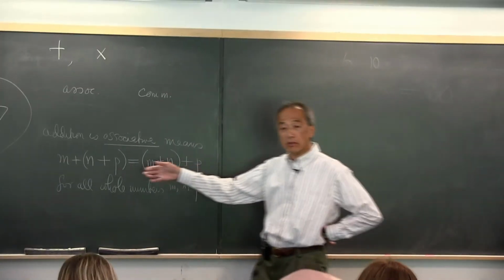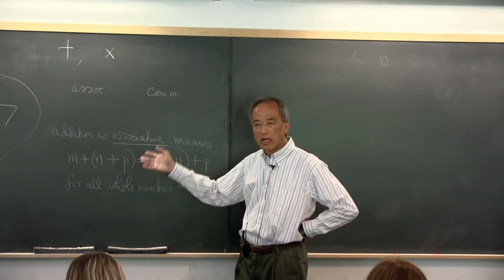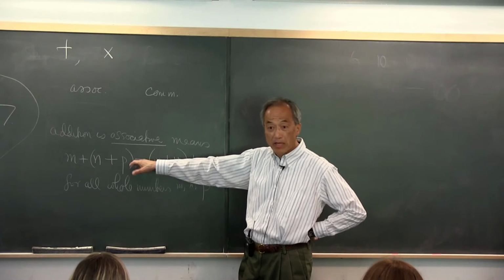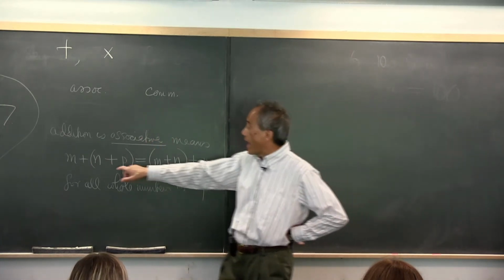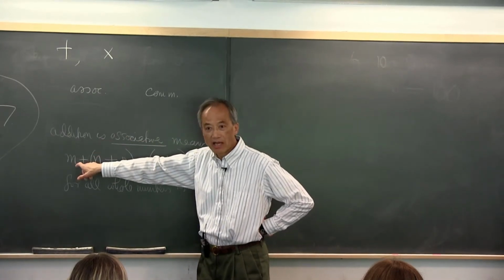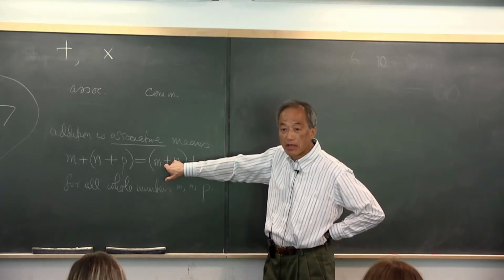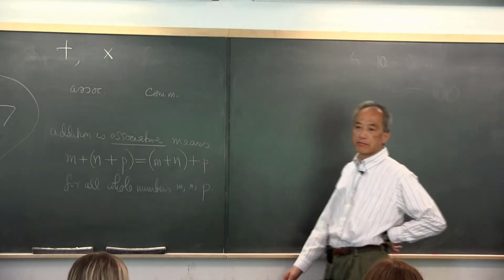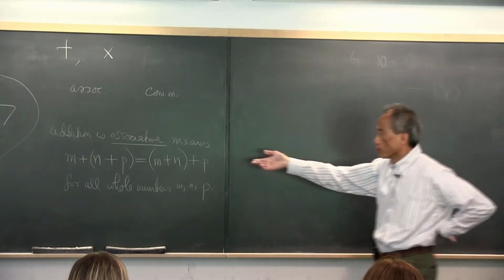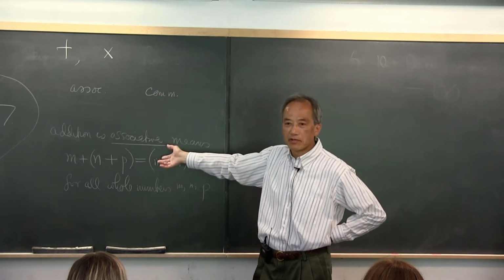So instead of giving you examples, I just say, get used to this statement in symbolic language: no matter what M, N and P may be, any whole numbers, you add M to N first, and then add P. It's the same as adding N to P first, and then M.